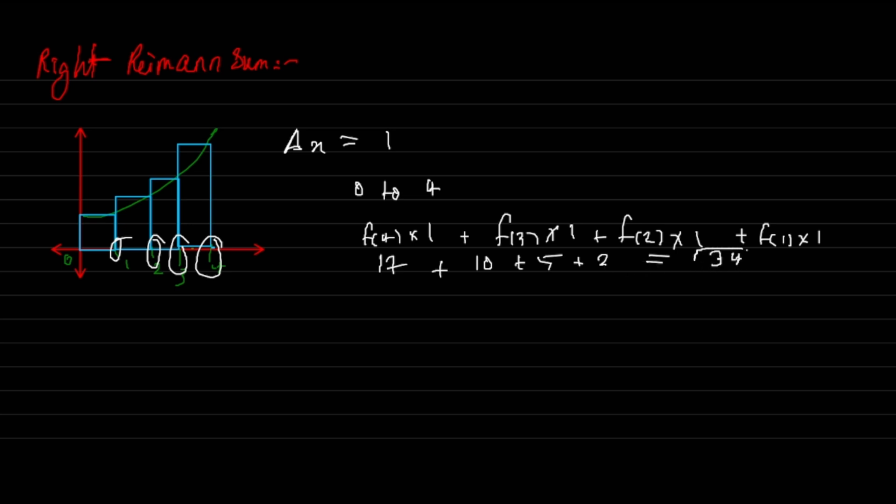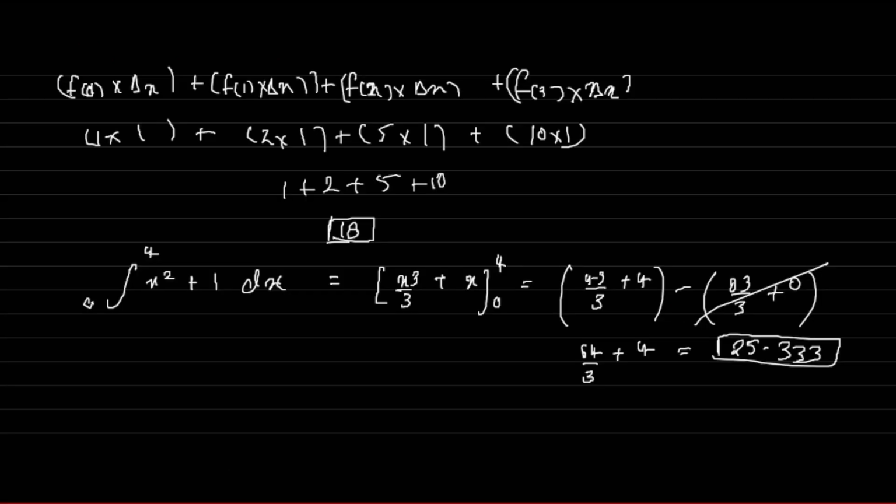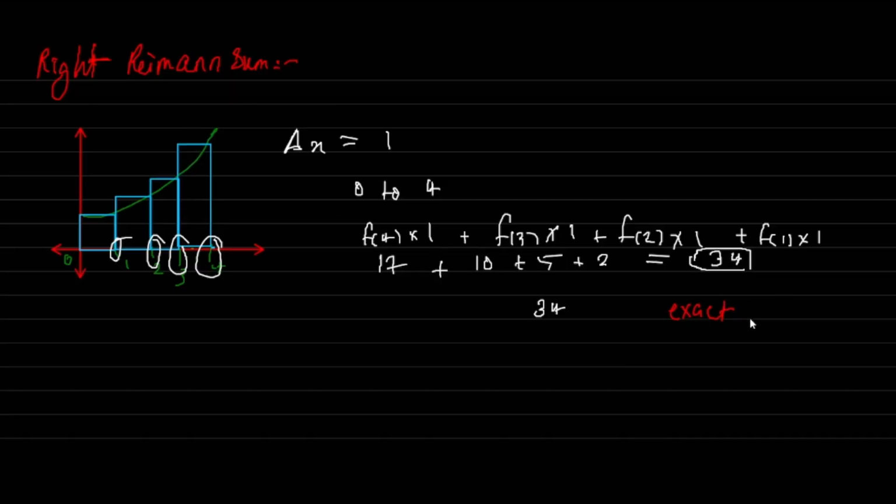So now we've observed that the right Riemann sum is giving us an answer of 34 when the exact answer is something along the lines of 25.33. Yeah, so the exact answer is equal to 25.33. So we've observed that this is a blatant overestimation of the actual area.